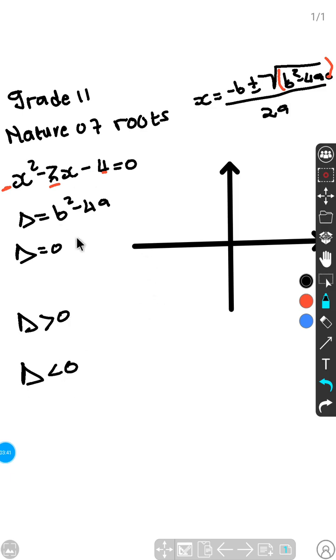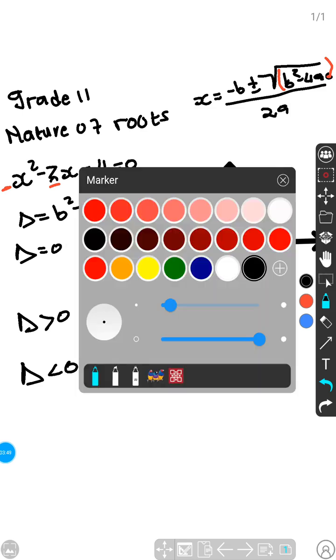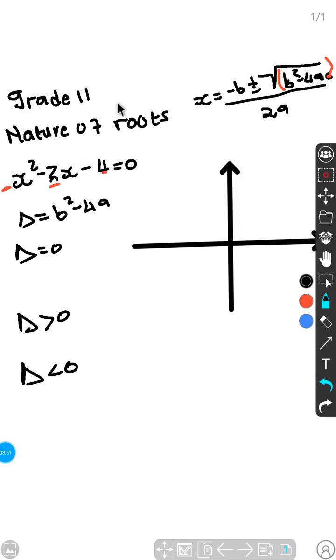If the discriminant is equal to 0, what this tells us is that once you solve for x, the roots will be real, rational, and equal.